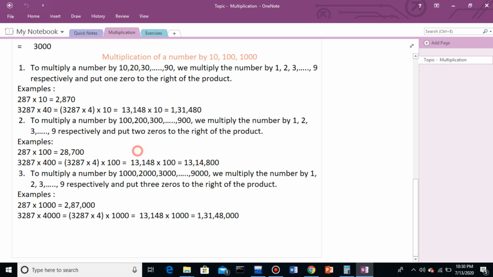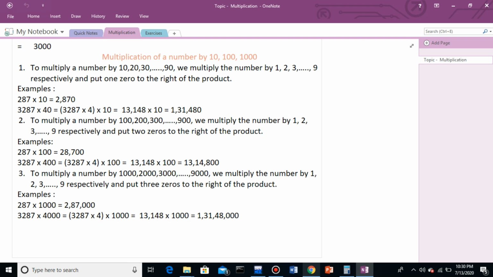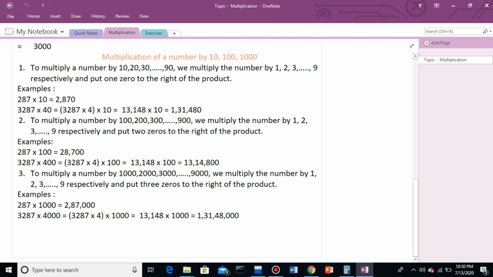If we want to multiply 28 by 300, how will we do it? First we will multiply 28 into 3. 28 into 3 will become 84, as you can see in the calculator.